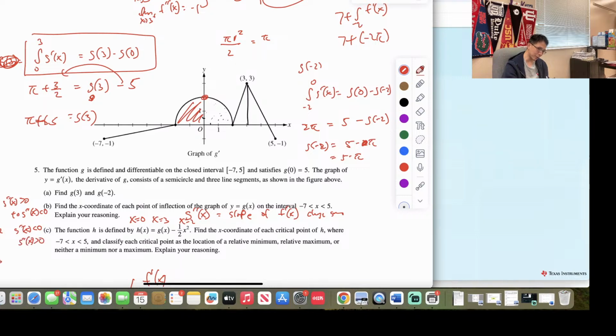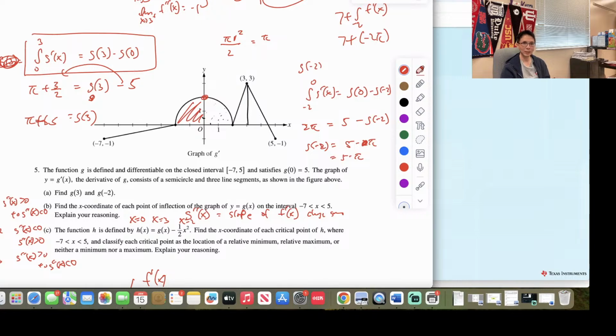At x equal to 3, g double prime of x changes from greater than 0 to less than 0. So I can list all that down as the possible justification. I'm not very good with English, so I'm just going to write down all the math notation I can think of: changing from positive to negative to positive.